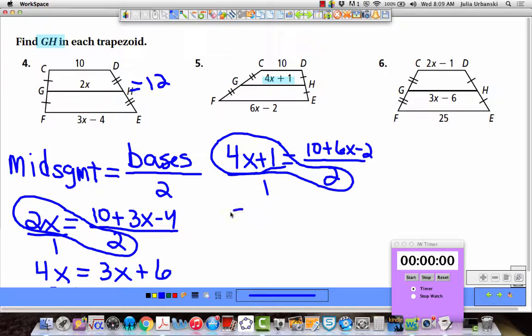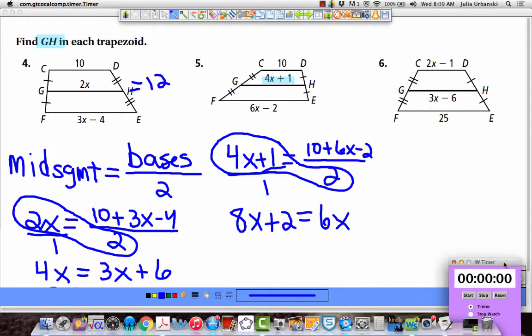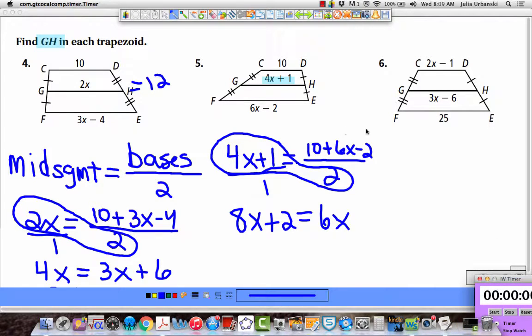That becomes 8x what? 8x plus what? 2. Good. Don't forget to distribute: 4x times 2 and 1 times 2. And that equals 6x plus what? 8. 10 and negative 2 makes 8.